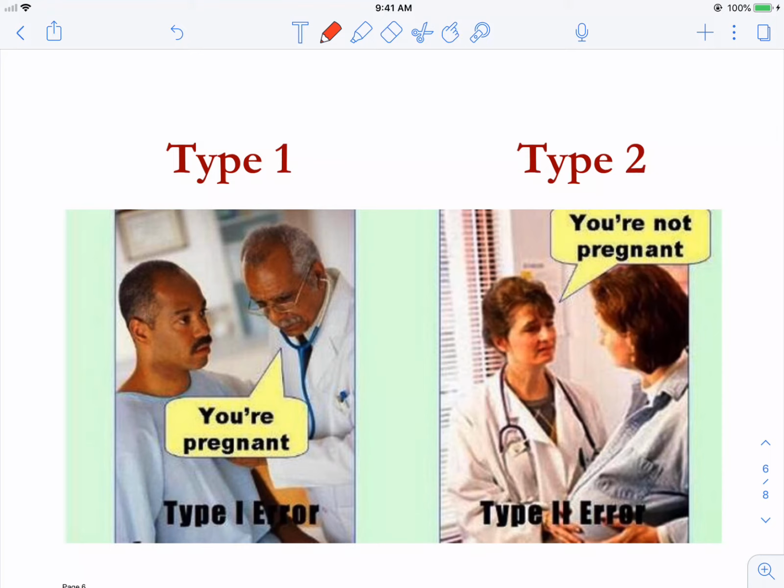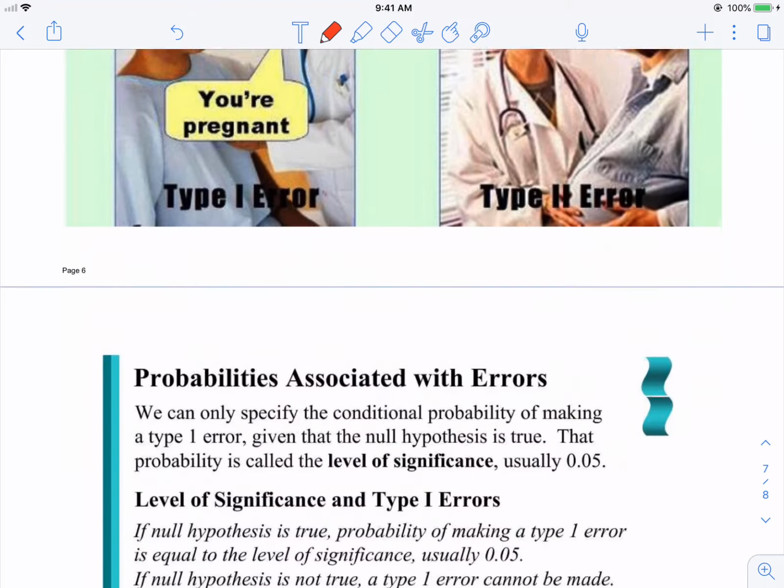Obviously that doesn't make any sense. Type 2 error would be this doctor telling this woman who is quite obviously expecting that she's not pregnant. The null hypothesis is not being pregnant and the alternative hypothesis is being pregnant.